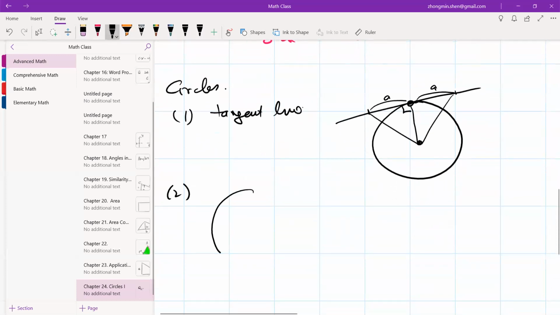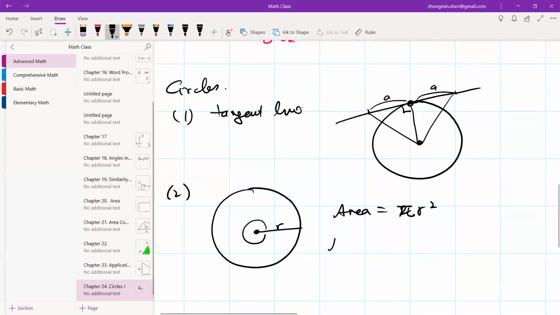We know the area of the circle, right? With r as the radius, the area is pi r squared. Actually, this pi here is an angle. We measure the angle in radians, not in degrees.